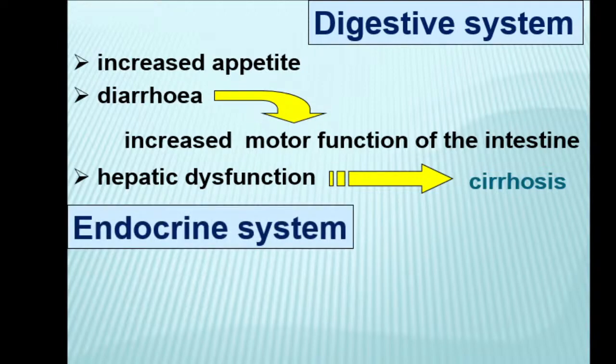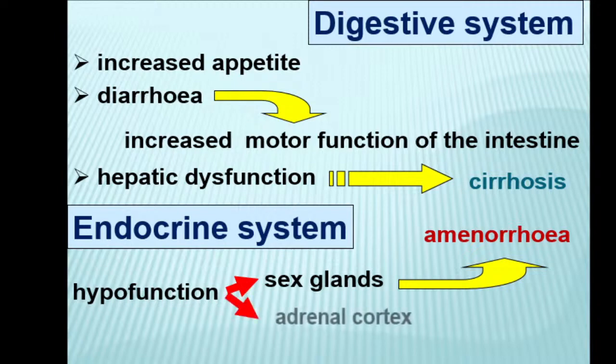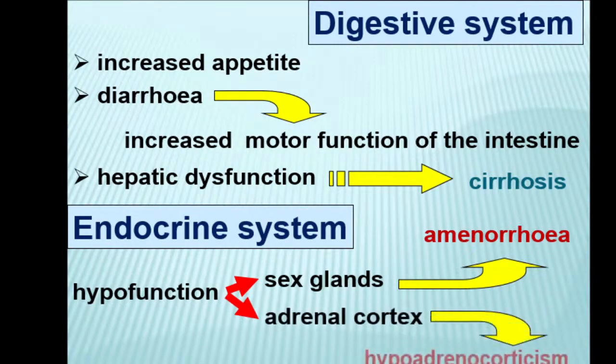And I said you about involvement of other endocrine organs, and first of all, hyperthyroidism, depressed activity of sex glands. Women have problems with pregnancy due to disordered menstrual cycle. There will be depressed activity of adrenal cortex gland.